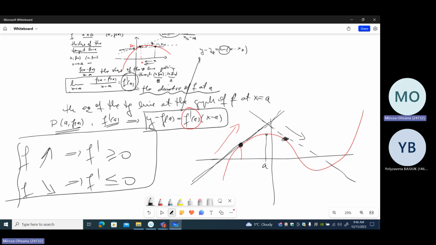Up before a maximum point at the left, the function is increasing, and then it is decreasing. So here at this point, the derivative must change the sign. Until here it is positive, and then it becomes negative. So at the point A, what value must the derivative take?